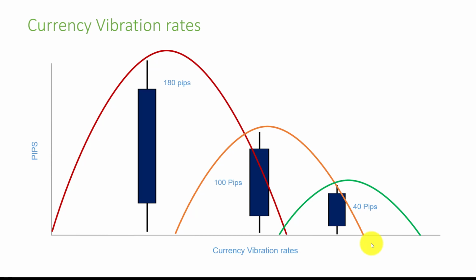Those readings give you the average volatility of a currency, and that's quite important because high volatility currencies give you a better chance of reaching your target, whereas small volatility currencies have more difficulty reaching their target. So you would use the high volatility currencies for breakout and trending trades, and the small volatility currencies for sideways or bounce trades.